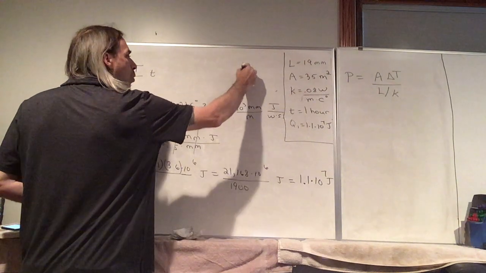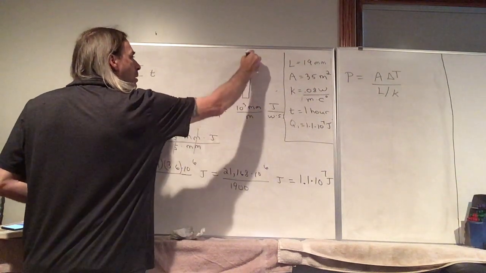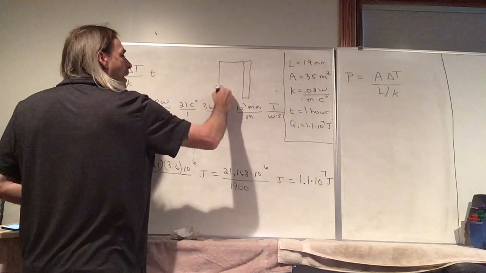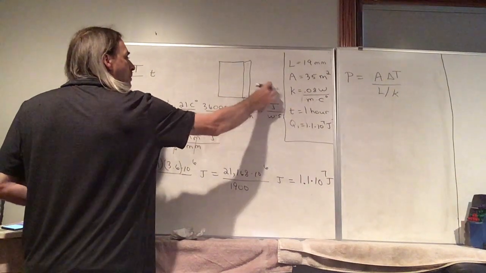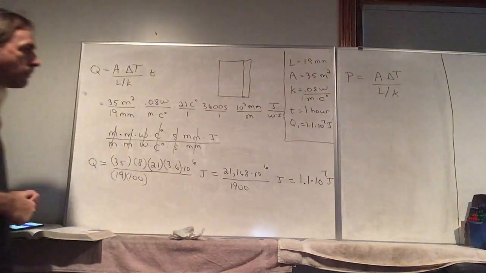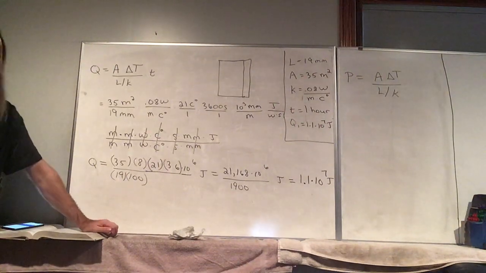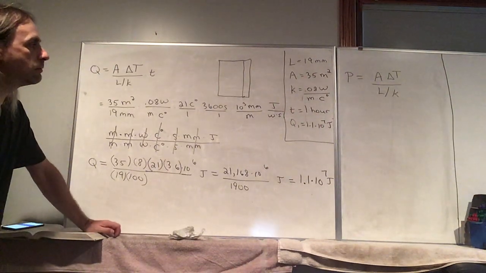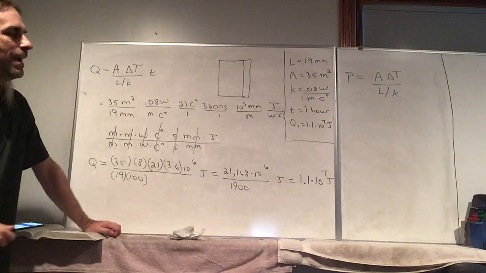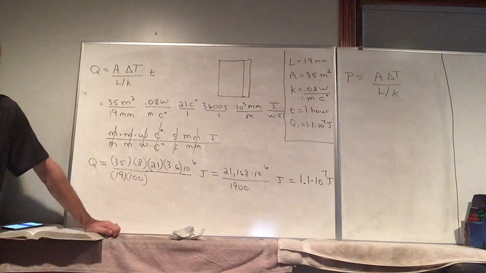So we have the same wall as before, but now we're going to add a layer of insulation. And if we're going to do this, we want to see what effect this insulation is going to have.